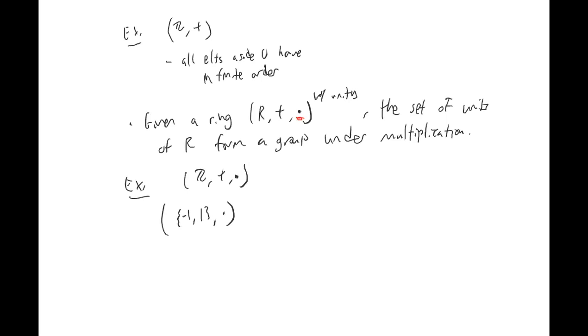In fact, this is isomorphic to Z mod 2Z under plus. I'll let you think of what the map is. There are only two elements, and you must map identity to identity. The identity here is 1, the identity there is 0. So you map 1 to 0 and -1 to 1.